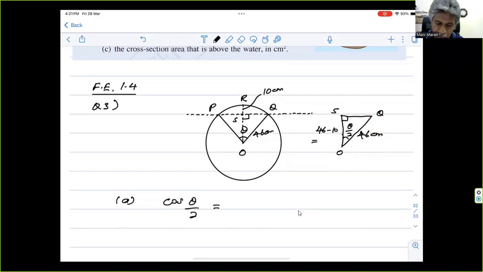So this will be 36 cm. Okay, so that is the length of this side here. So we know the length here, we know this length. We can find the angle using the cosine formula. So this will be 46 minus 10 divided by 46.